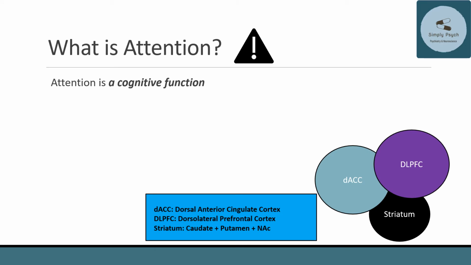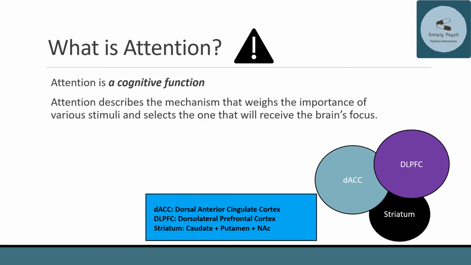Attention is a cognitive function, and cognition can be conceptualized in a number of different ways, but the way that makes the most sense and is the most accepted is that cognition is an individual's ability to, one, attend to external or internal stimuli, two, identify the significance of the stimuli, and then three, respond appropriately. So attention really describes the mechanism that weighs the importance of these various stimuli and then selects the one that will receive the brain's focus.